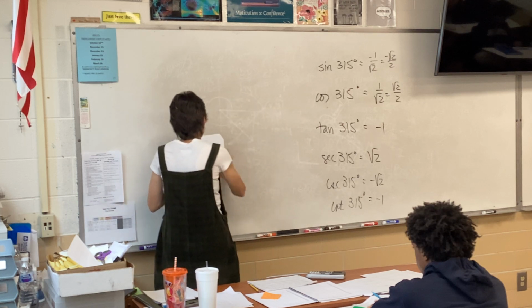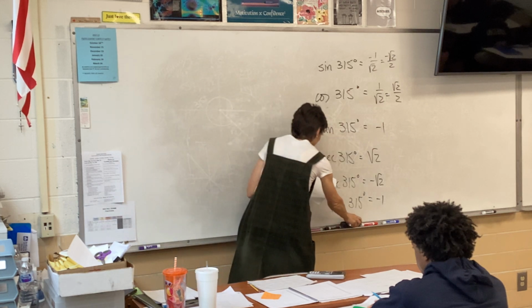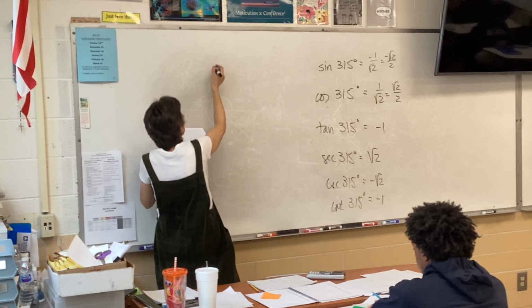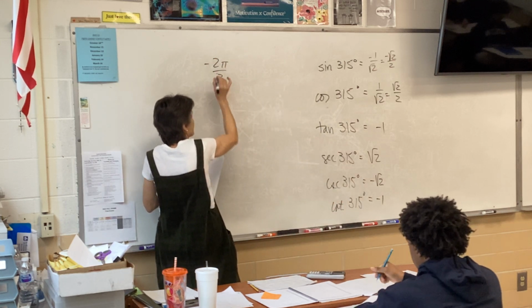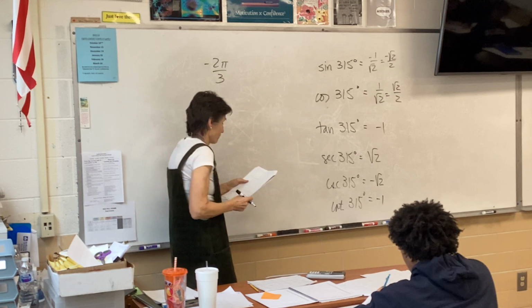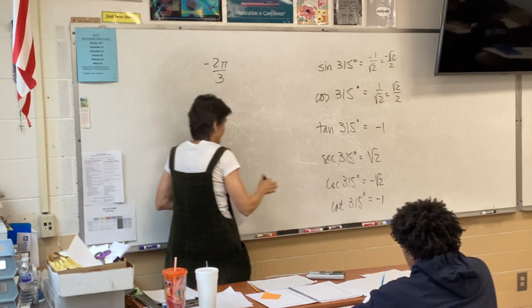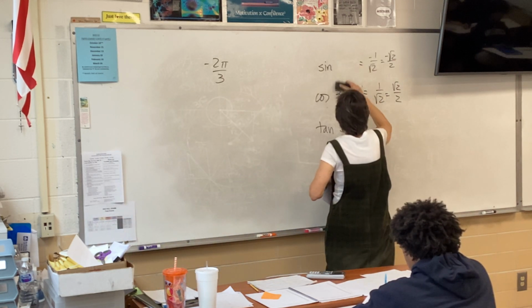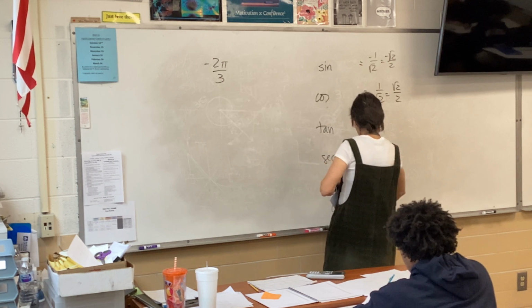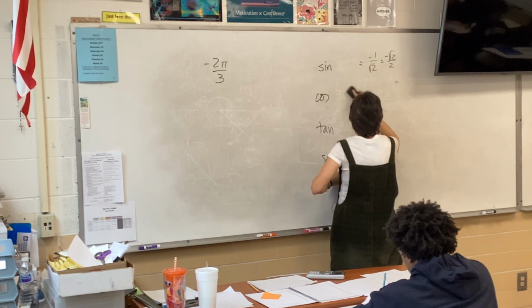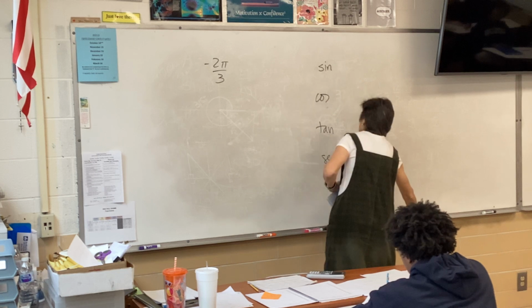Okay. I'm gonna change number 3, and we're gonna do negative 2 pi over 3. So we're gonna find the sine and all this stuff for negative 2 pi over 3.